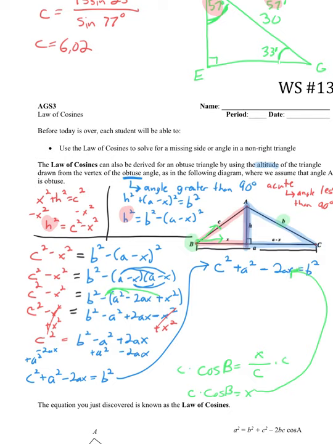So now I can write this as c squared plus a squared minus 2a times c cosine of b equals b squared.